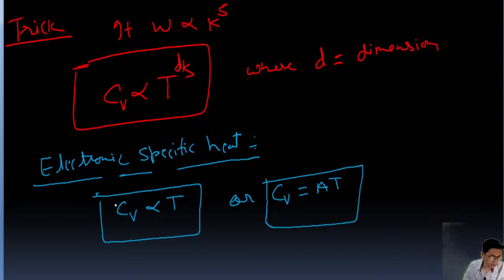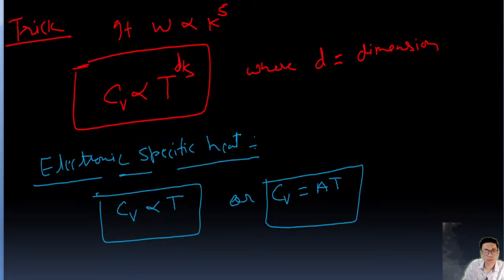Okay, this value of CV, I'll write here, is for electronic specific heat that I'm talking about. So CV is equal to pi square R KT upon 2EF.